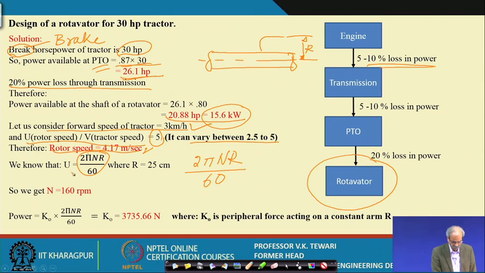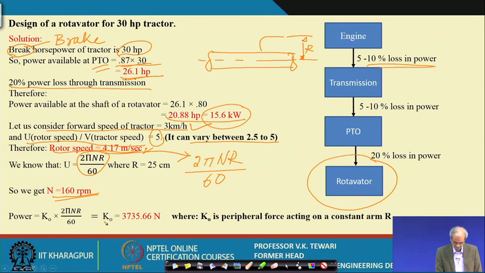So the rotor speed, well, this should also be in lower case, but it does not matter. Now from here we can get the RPM of the rotor. We get the RPM of the rotor as about 260 revolutions per minute. Now, power is K0 into 2 pi n r by 60, where K0 is this value.